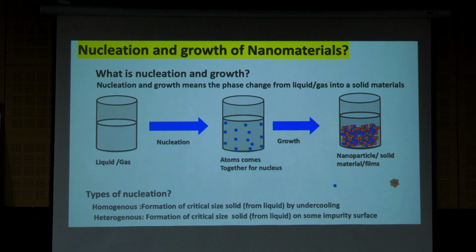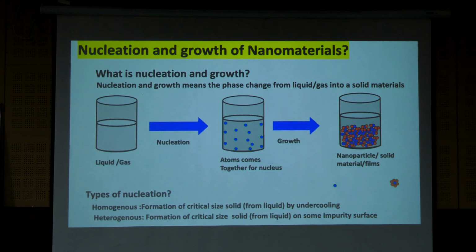Like if you want to have a building, you need a foundation. Then you can build the big structure. Similarly, to create a nanostructure, you need some kind of nucleation, some site that can grow the nanoparticle, some base. So that is nucleation, and then that nucleation starts the growth of the nanostructure.